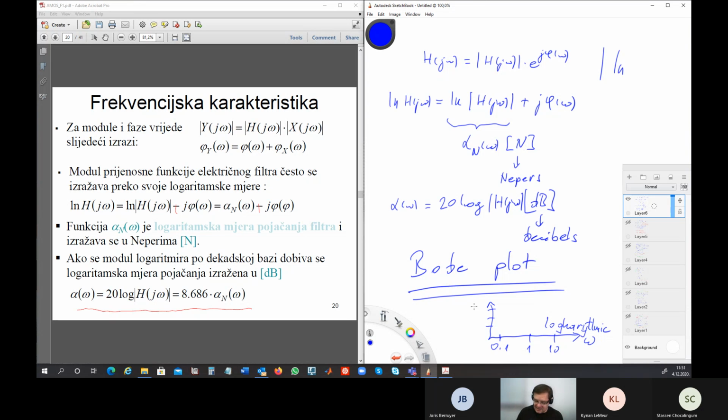And here are the decibels, 0, 10, 20, and so on. So our H of j omega can be represented here, especially this part, which is of course 20 logarithm of.